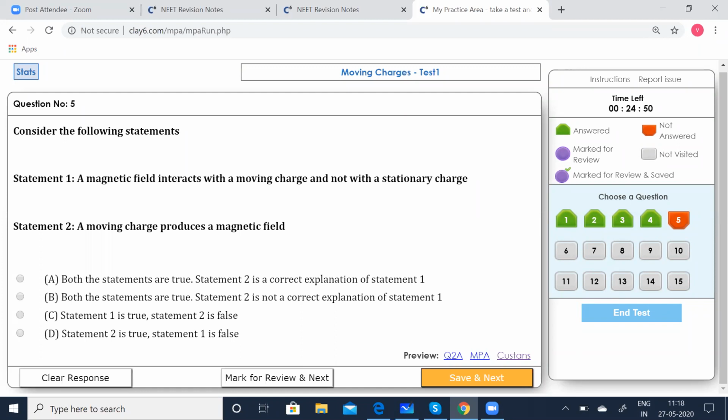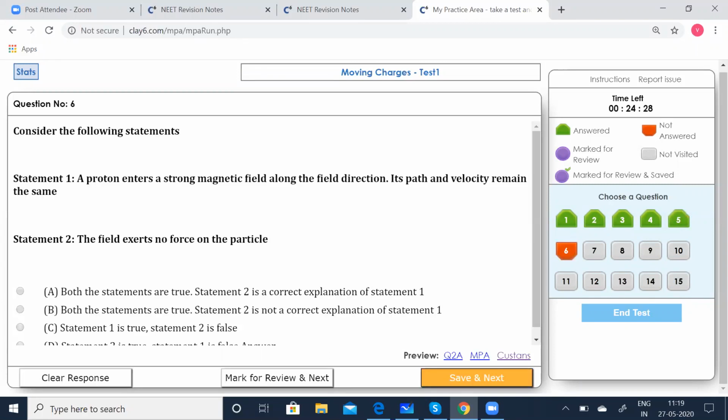So you can say the magnetic field interacts with the moving charge and not with the stationary charge, yes, that is a true statement. You all know that a magnetic field interacts only with the moving charge, and only a moving charge can produce a magnetic field. So both the statements are true. So option A is correct. Go to the next.